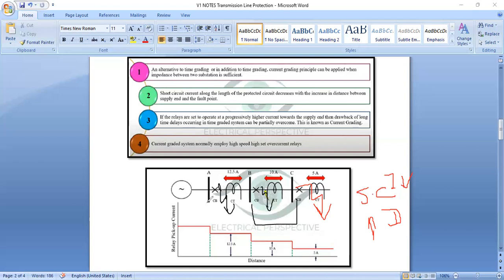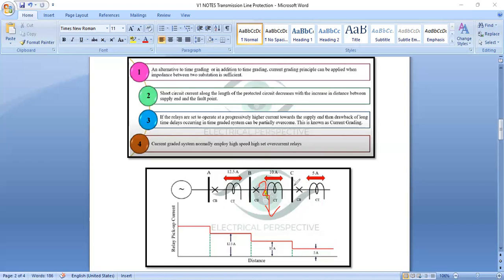Now assume the fault occurring in the section B to C. What is expected? As it is occurring between section B to C, relay B should operate to isolate the faulty part. Now let us assume the second case.